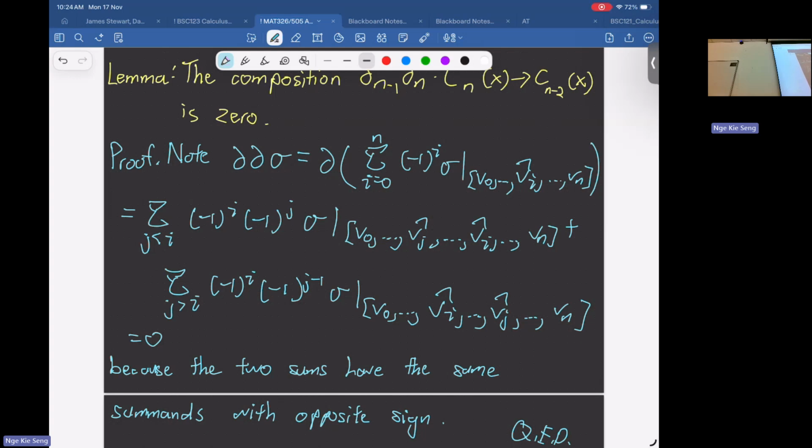You have a contribution of (-1)^(i+j-1). Why? Because v_i is thrown away already, so the vertex afterwards becomes shifted down by one, and you need to account for it with minus 1. Does it make sense with this j minus 1 thing?